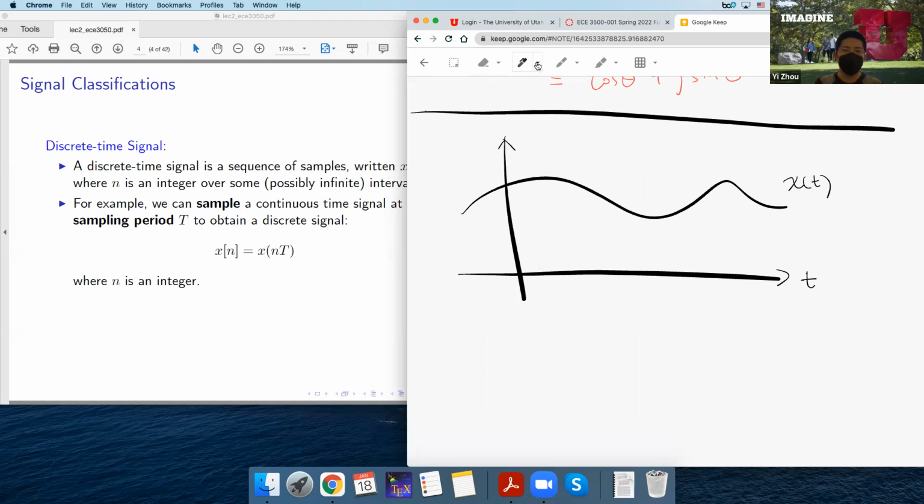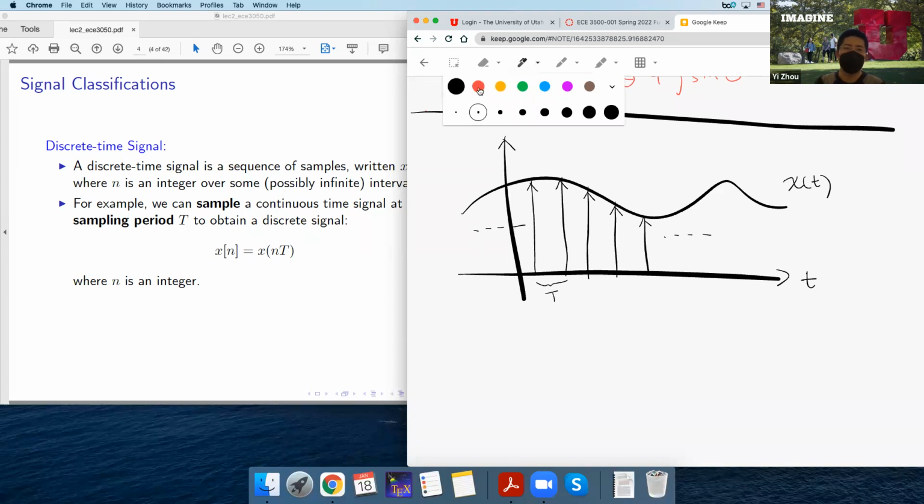A standard approach is that I take samples of the signal periodically at a certain frequency. Assuming that I'm sampling this signal with a sampling period T, that means every T seconds I will take one sample of the signal.